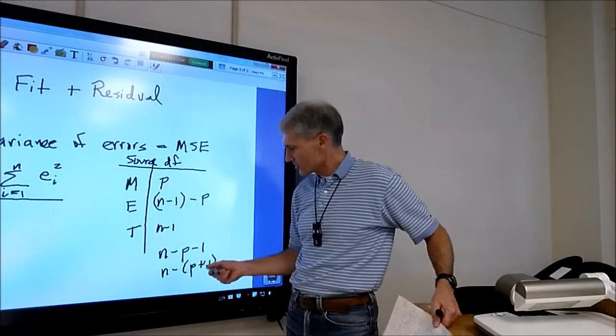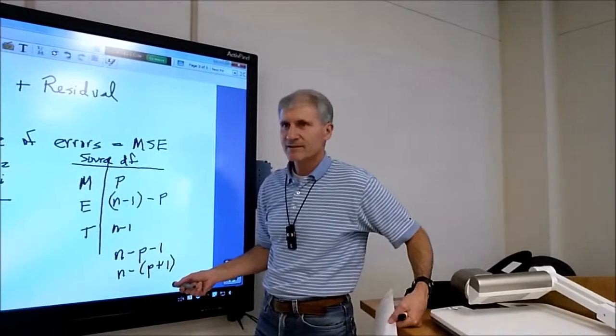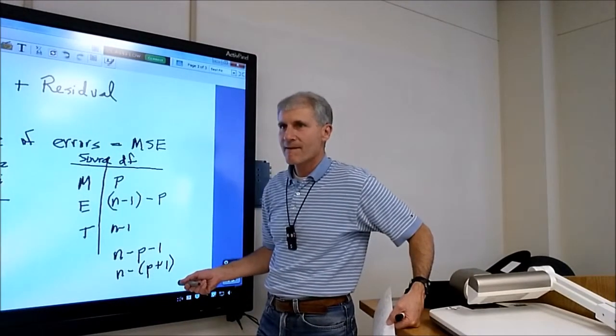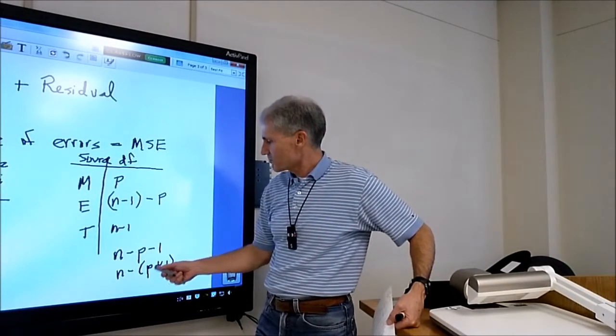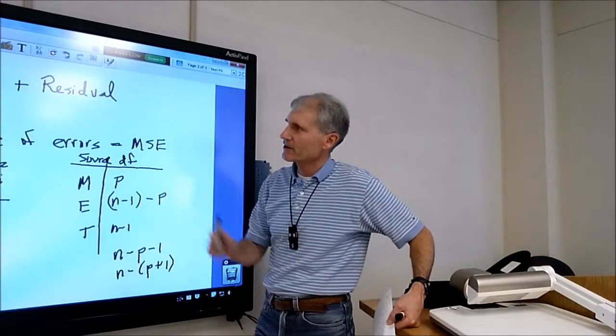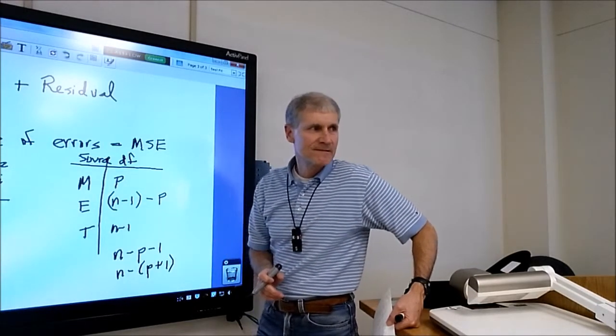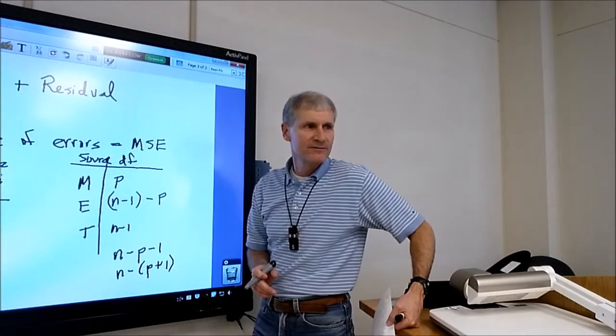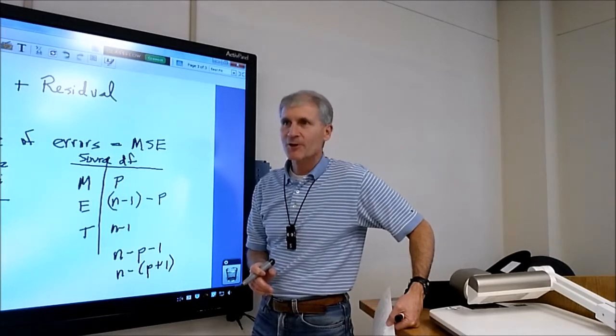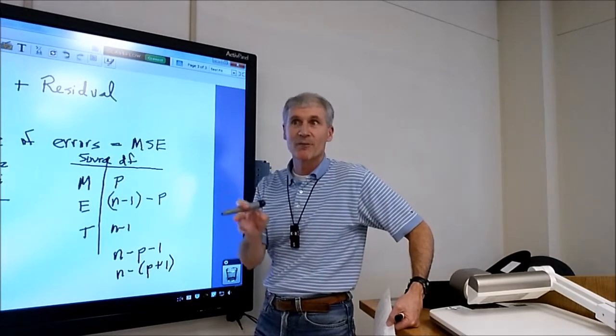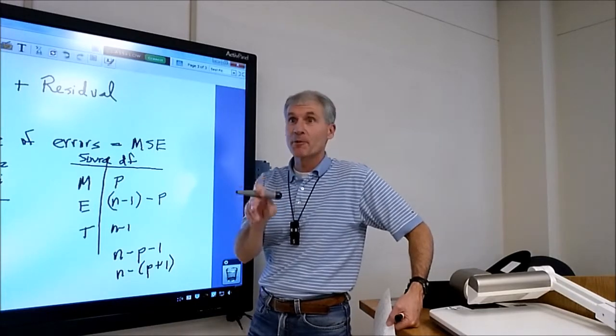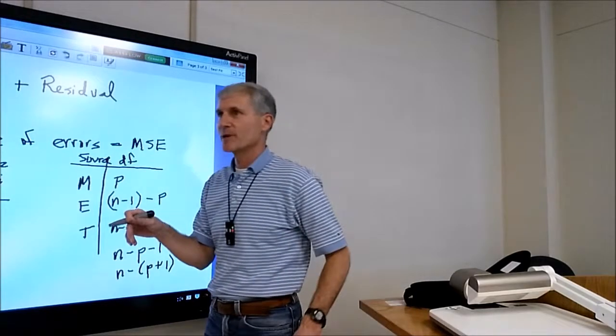Now why do you suppose they like that? Well, what is p plus 1? The total number is not the number of x's, but the number of coefficients, the number of betas that have to be estimated, right?